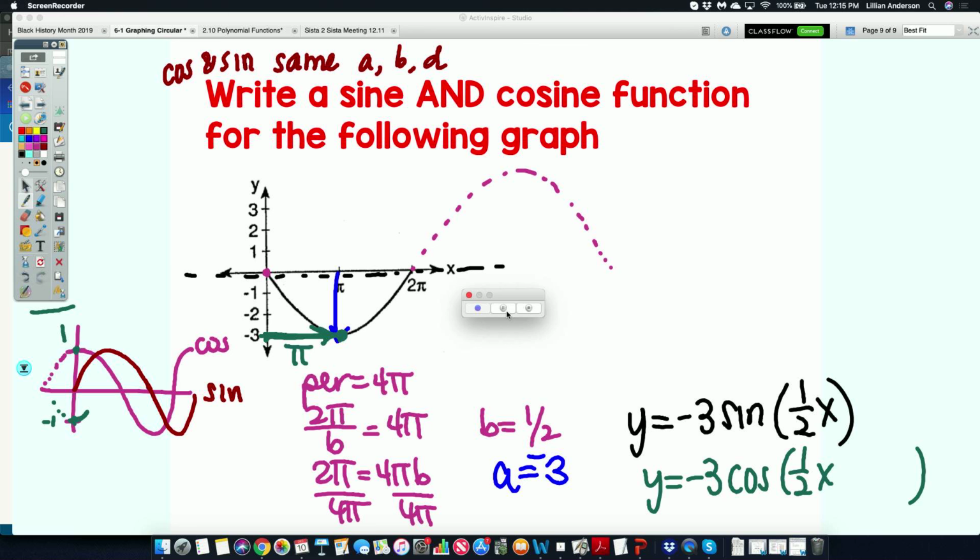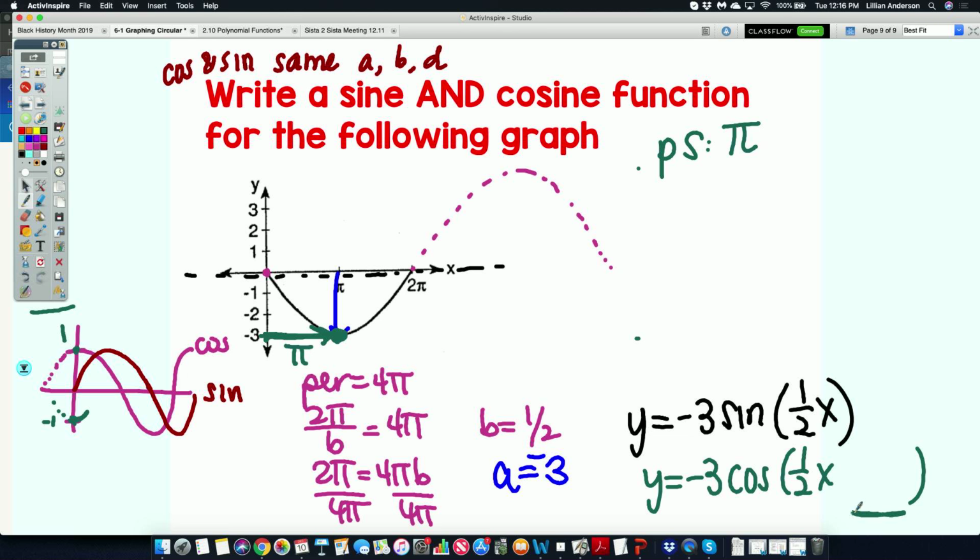So since my phase shift is the distance it took before it actually got to that starting point, normally it would start here, but now it starts here. So since my phase shift is pi, to actually find the c that goes in this part of the equation, I need to set it equal to negative c over b, which is 1/2.